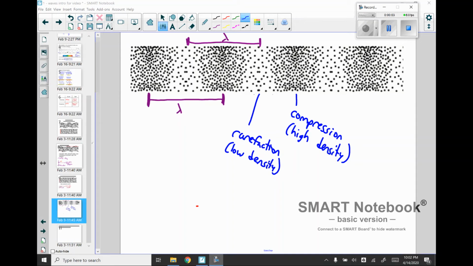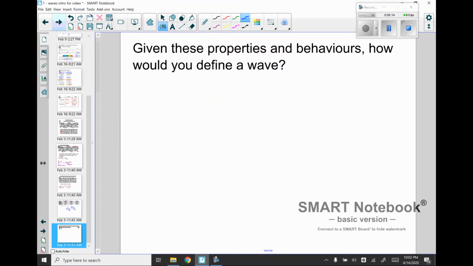So the features that these two kinds of waves, the transverse and the longitudinal, have in common is what leaves us with our basic definition of what we mean by a wave.